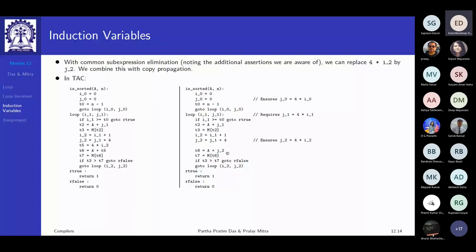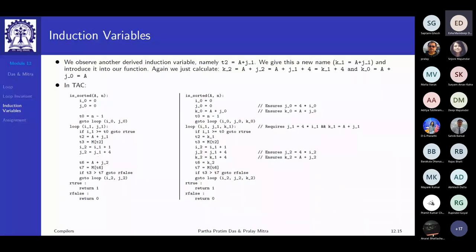Next. Now we can see that there is yet another induction variable. What is that induction variable? That is A plus J1. This is a derived induction variable. Why is A plus J1 an induction variable? Because in the basic definition of a derived induction variable, if I is an induction variable, a and small b are loop invariants, then a star I plus b is a derived induction variable, we have seen.